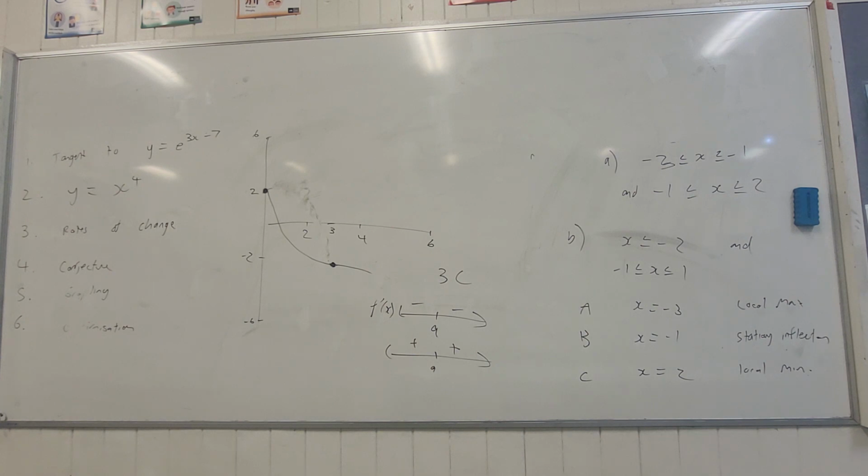So point of inflection occurs when the sign diagram of the second derivative changes sign. Stationary is the special case, and you can tell stationary just from the first derivative. But non-stationary you can't. Okay. All right. So let's move on then.